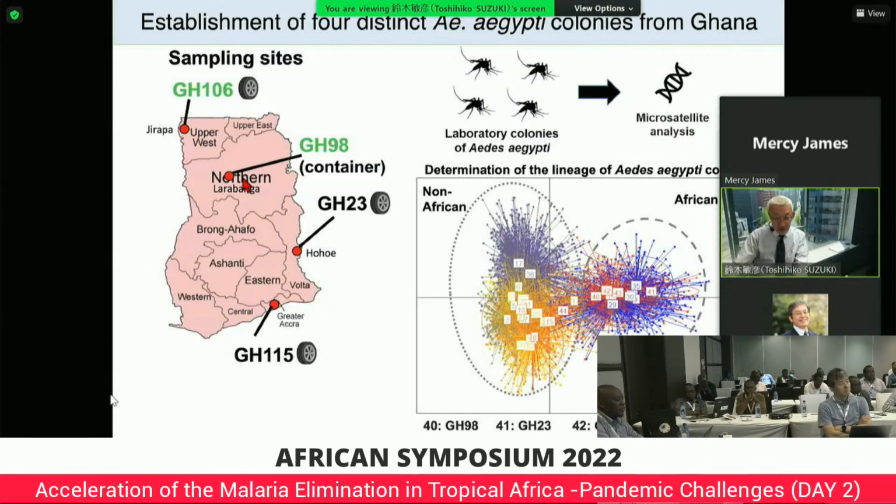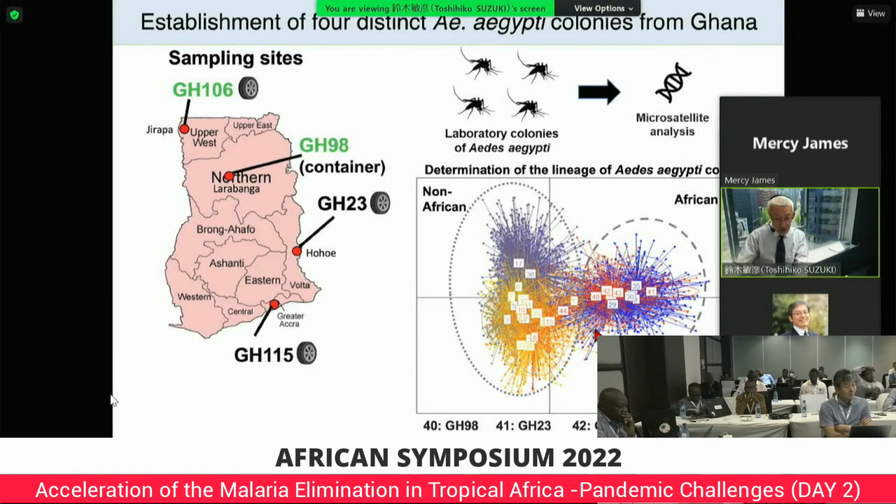The larvae were collected and grown to adults for oviposition, and collected eggs were transferred to Japan and established as colonies for further experiments. 12 microsatellite loci of isolated mosquitoes were independently genotyped in each population by a discriminant analysis of principal components. 4 Ghanaian colonies, population numbers 40 to 43, were clustered with typical mosquitoes of African origin.